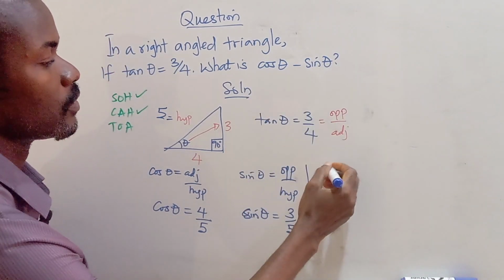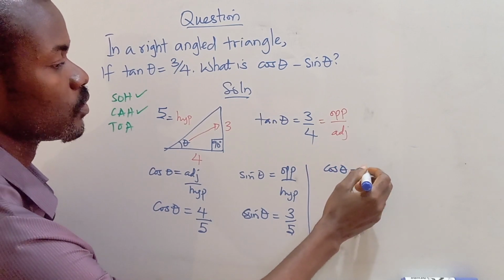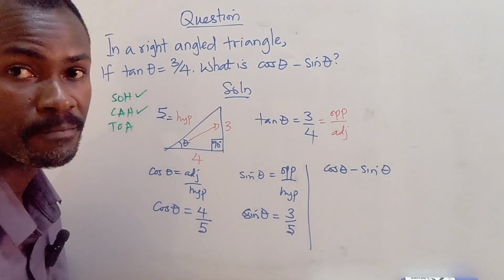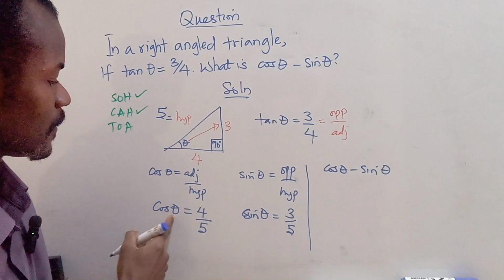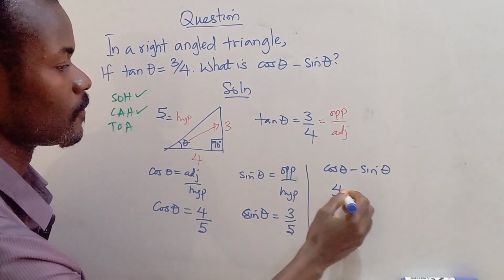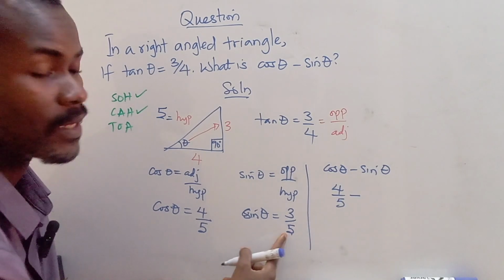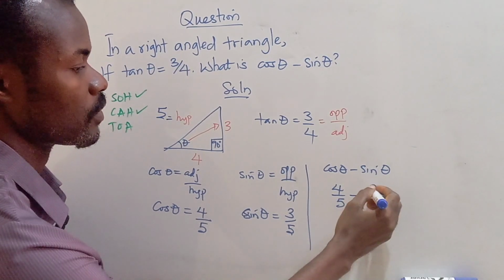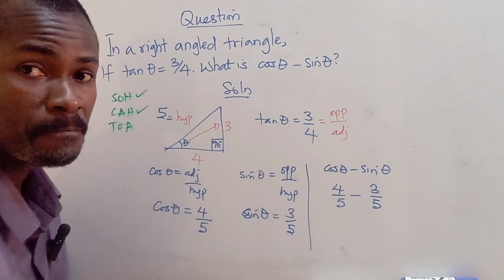So remember, we're given cos theta minus sin theta. Our cos theta is 4/5, so this is 4/5 minus our sin theta, which is 3/5.